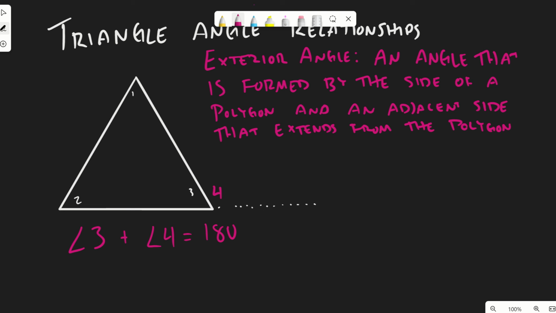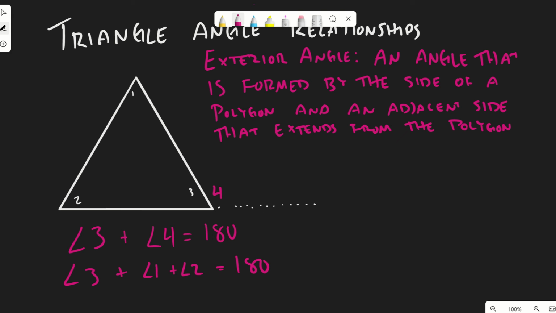We also know that angle 1 plus angle 2 plus angle 3 will all equal 180 degrees as well.